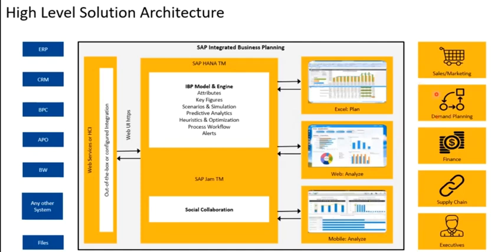From a business perspective, IBP is useful for sales and marketing people, the demand planning team, and the finance team, because they can calculate revenues based on the planning and discuss targets in the S&OP meeting. The supply chain team, of course, as this tool is for supply chain.